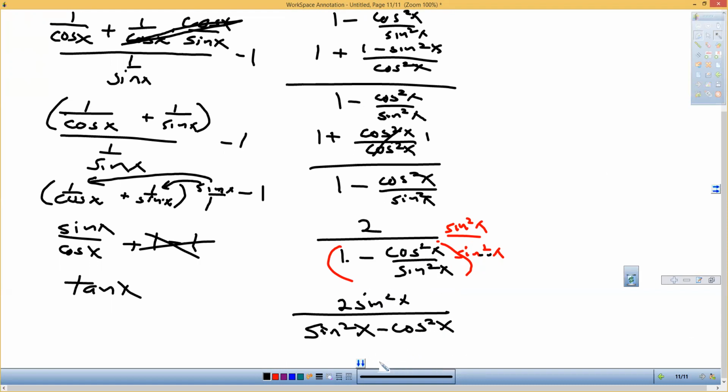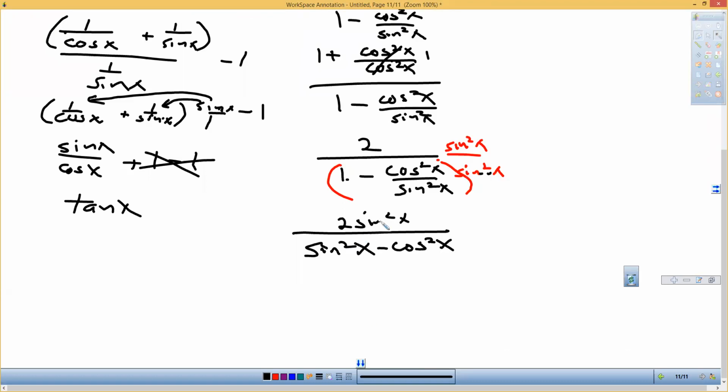So what I see right now is that I've got two things dealing with sine squared, and this is cosine squared. Well, one of my identities tells me that cosine squared x is equal to 1 minus sine squared x. So I'm going to take this 1 minus sine squared, so I get everything in terms of sine squared.